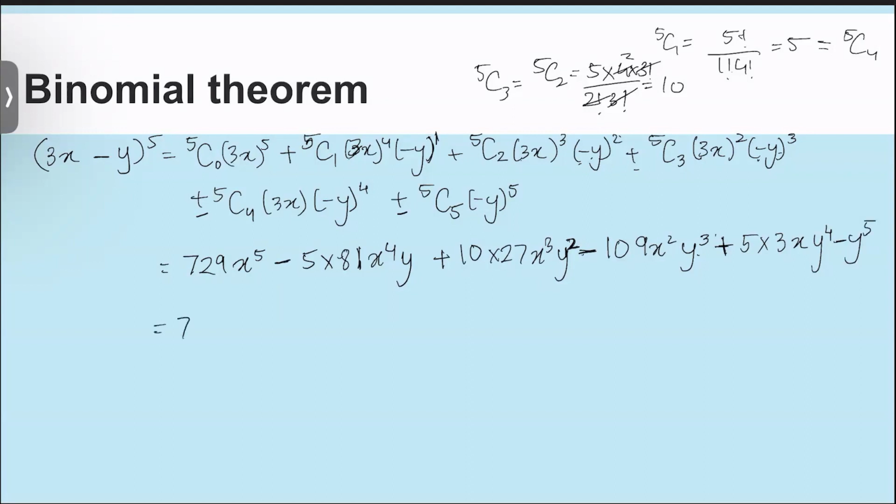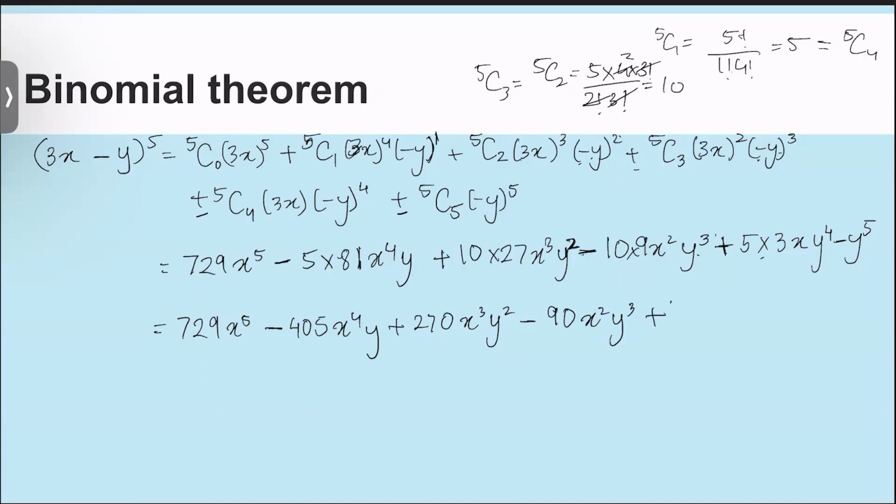Okay, so let's just write the final expansion. Minus 5405 x raised to 4y plus 270 x cubed y squared. Then minus, this is multiplied actually, so this is 90 x squared y cubed.